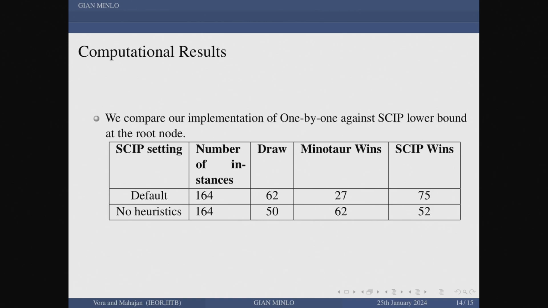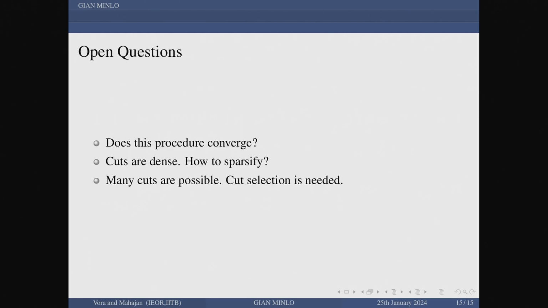There are only 27 instances where we win. How do I define win and loss? Draw is not present here. There are quite a lot of instances where SCIP wins. But if you turn off all the heuristics in SCIP, which we are also not using, then the results become comparable on those instances.